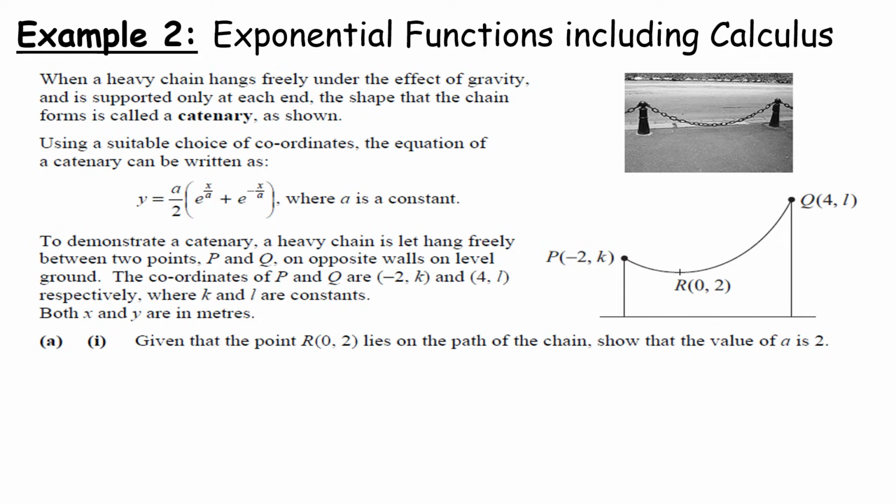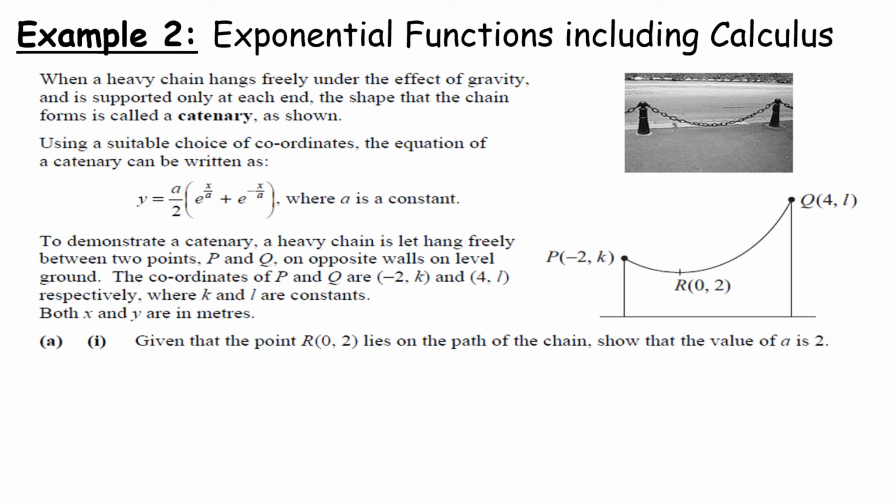To demonstrate this, a heavy chain is let hang freely between 2 points P and Q on opposite walls on level ground. The coordinates of P and Q are minus 2k, which is shown in the diagram, and 4l, which is on the diagram, respectively, where k and l are constants. Both x and y are in meters.